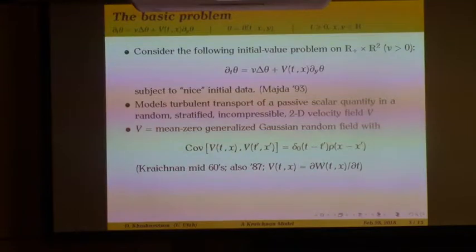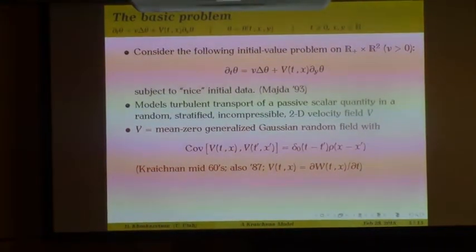So if you calculate at a given time the correlation between velocity at this point, x comma y, and at this point, x prime comma y, and then shift your x and x prime by the same amount, the implicit assumption is that the correlation structure of the noise of the velocity field does not change. So statistically, the fluid looks the same as you scan it horizontally. That's the assumption. This is the model. This is not my model. This is Kraichnan's model, built on a stratification scheme of mine.